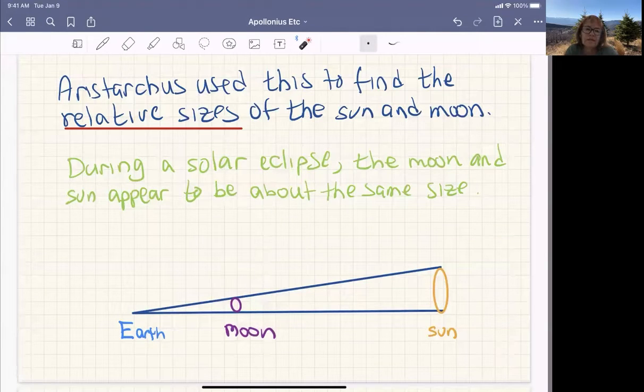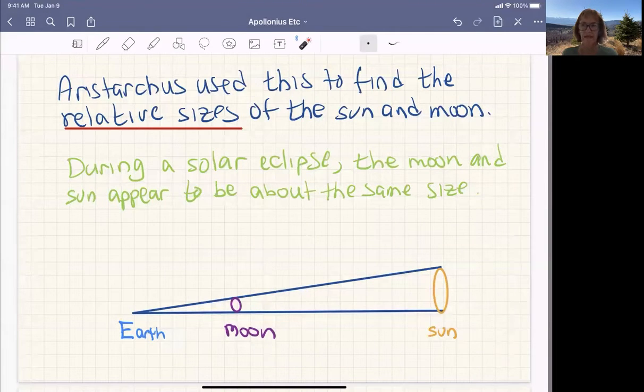Now, by the way, Aristarchus also used this to find the relative sizes of the sun and the moon. And so basically, using similar triangles, and so here's a triangle, and you get basically the same relation between the diameter of the moon and the diameter of the sun.